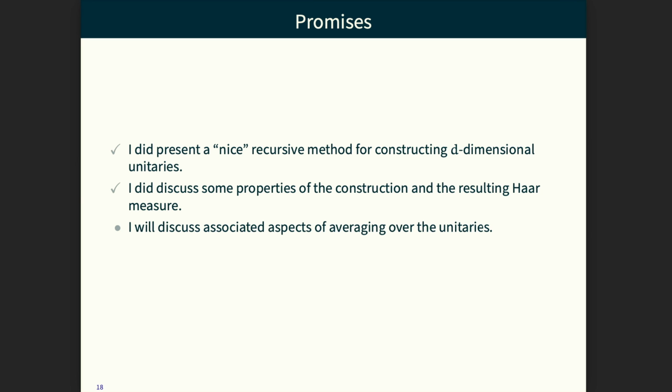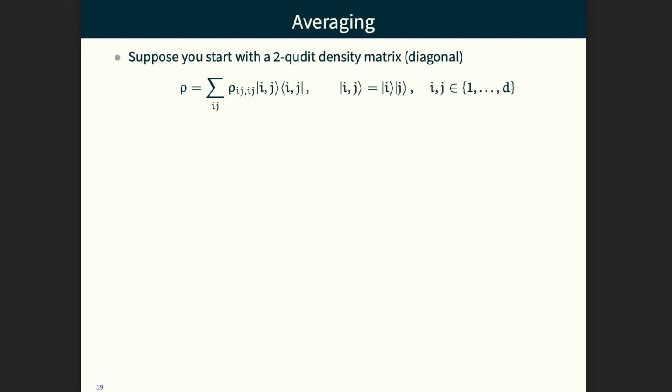And now I'm going to talk about averaging. There are many circumstances where averaging is really interesting for a variety of reasons, and I needed a simple example. So imagine the qudit state that is given here. I took it to be diagonal because I didn't want to have so many indices going around.